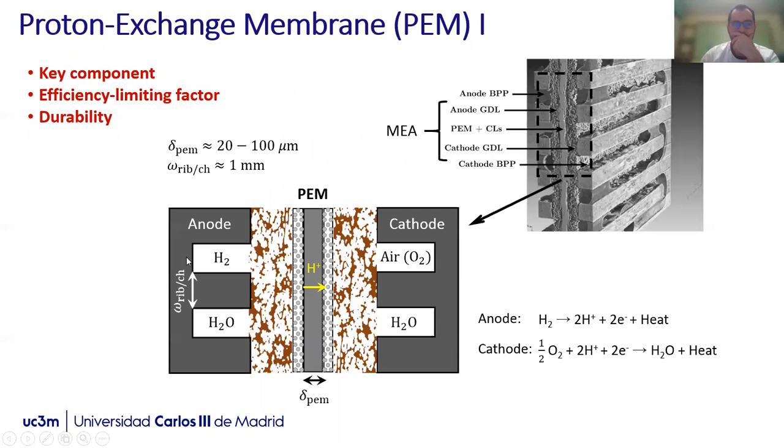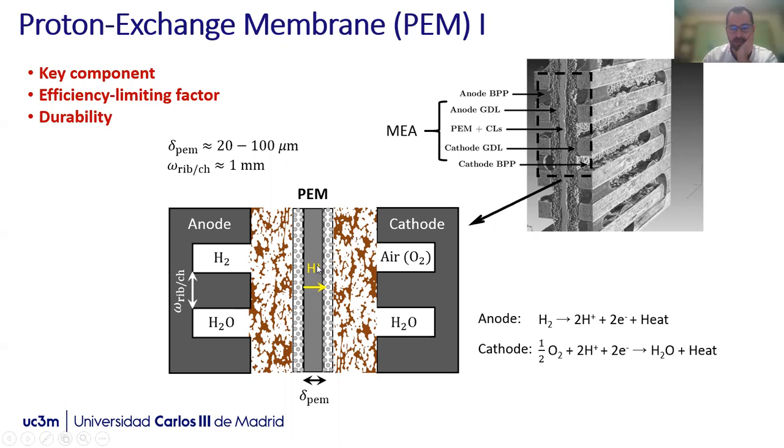The proton exchange membrane is here. We have this cross-sectional view of a proton exchange fuel cell. The membrane is right in the middle, and it is responsible for the conduction of the protons from the anode to the cathode.